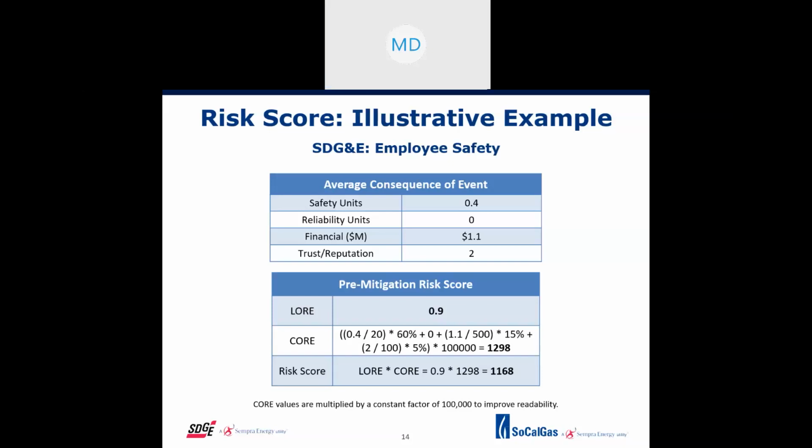So I would strongly urge trust and reputation to be eliminated. We're going in the wrong direction with that one. How was that developed?